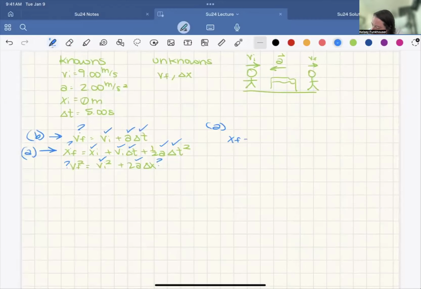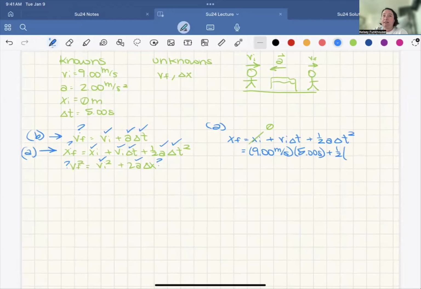So x final equals x initial plus initial velocity times time interval plus 1/2 acceleration times time interval squared. And then we're going to say our initial position is 0. And then we can just plug in everything else. Initial velocity is 9.00 meters per second times 5.00 seconds, plus 1/2 acceleration.